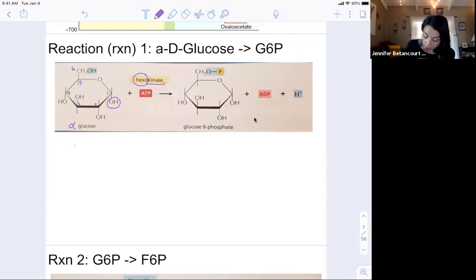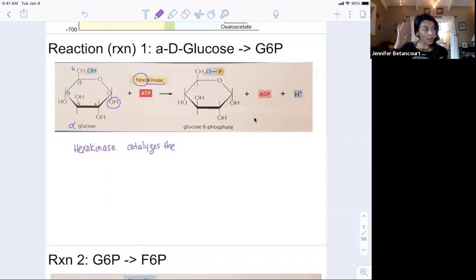So hexokinase, we say hexokinase, and I'm only going to write this out for one or two reactions fully because we'll be here for two hours if I wrote every single reaction out from start to finish. So hexokinase, and here's the important part, catalyzes. That is the proper term for how an enzyme functions, right?